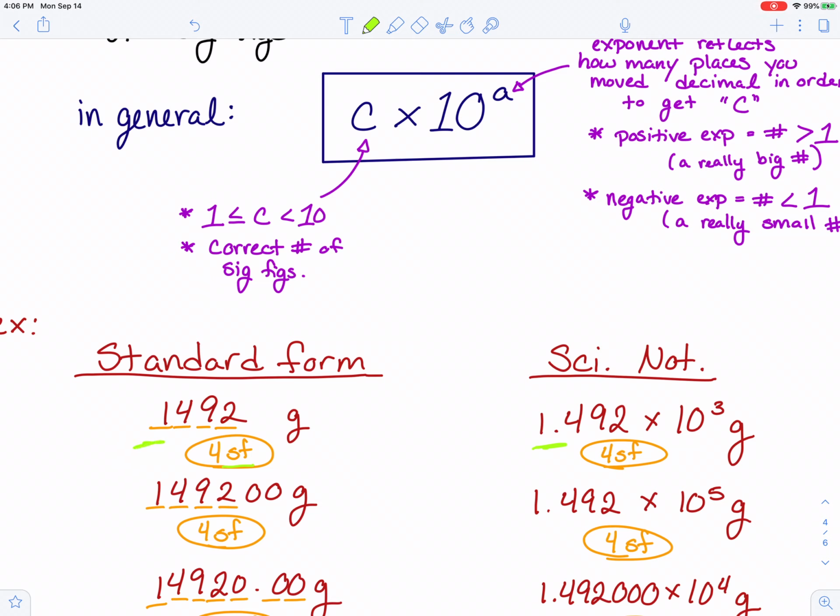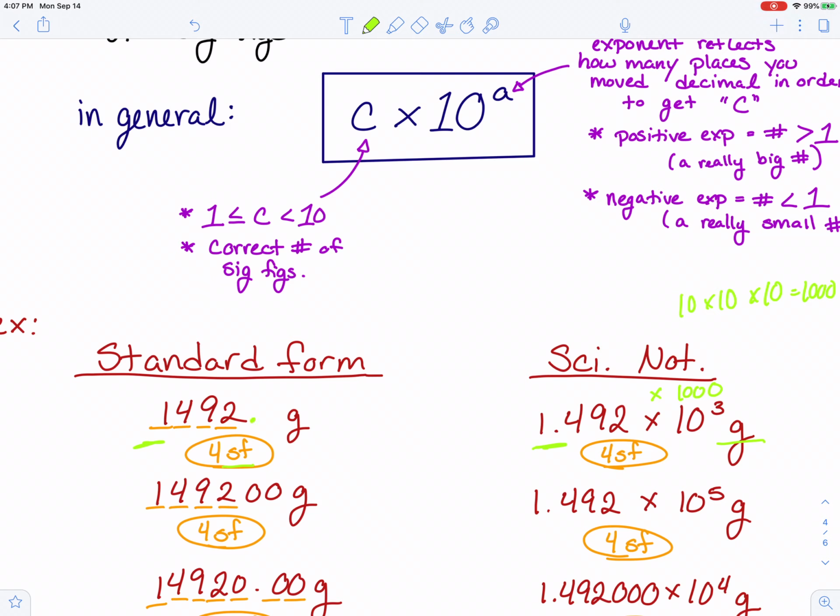Instead, we write times 10 to the third, because times 10 to the third is 10 times 10 times 10, which is the same as saying times 1,000. So 1.492 times 10 to the third power, and then you always write your units at the end of your number.